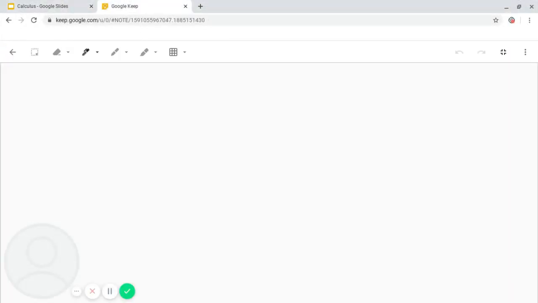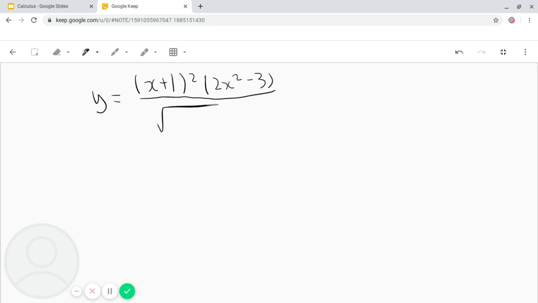So we have y is equal to (x plus 1) squared times (2x squared minus 3) all over the square root of x squared plus 1.